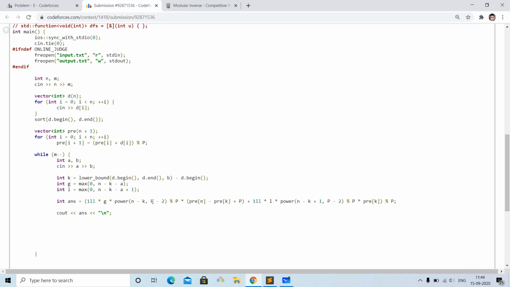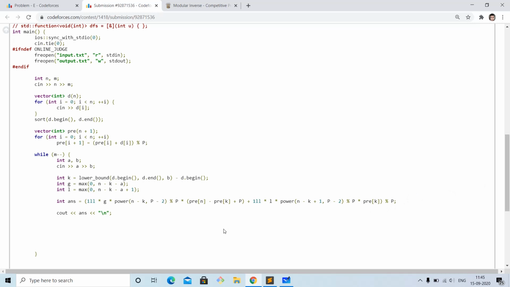Here mod is capital P, a big prime, and we multiply that with the total strength of the strong monsters. For the weak monsters, the numerator is n minus k minus a plus 1, which we multiply with the power of P minus 2 of n minus k plus 1, and then multiply with the total strength of the weak monsters.